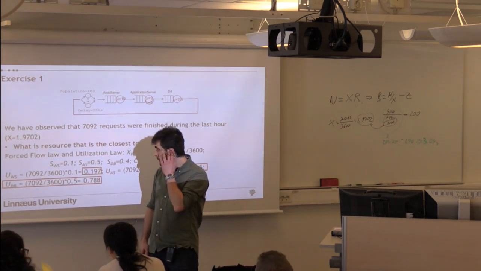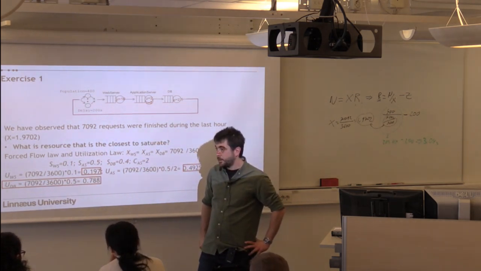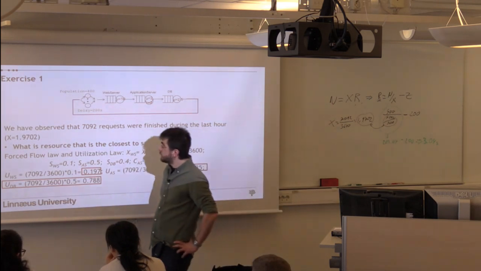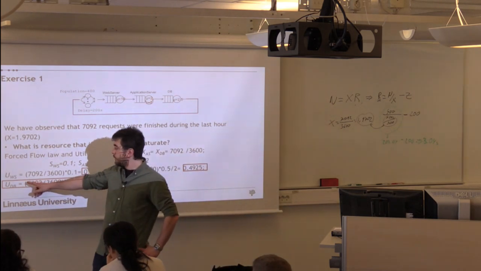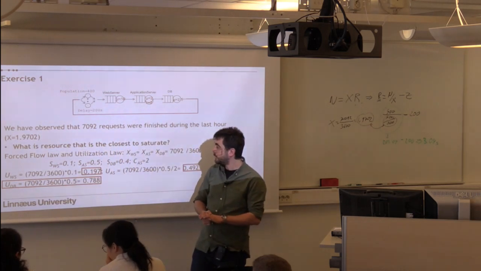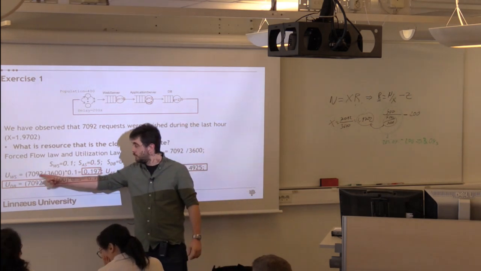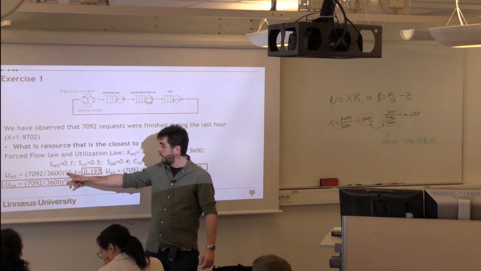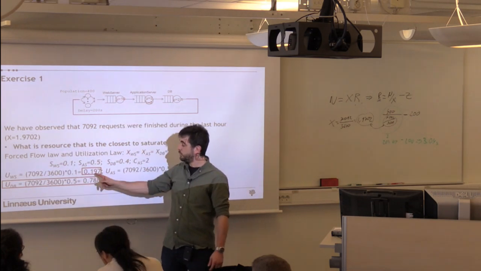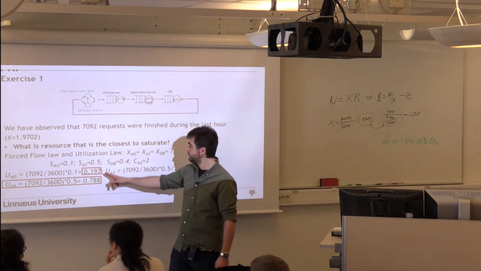So the utilization law tells us that the utilization of a server is equal to the throughput of that server multiplied by the service time. So we multiply the throughput times 0.1, and we get that this web server is used around 20% of the time, 0.19.